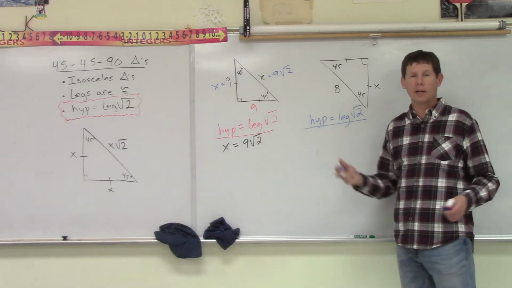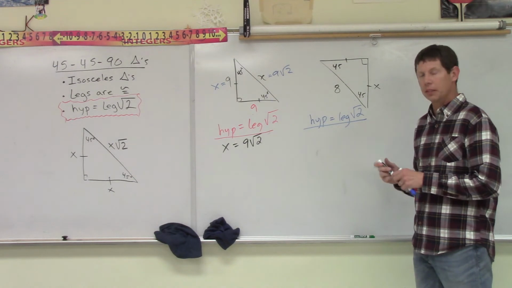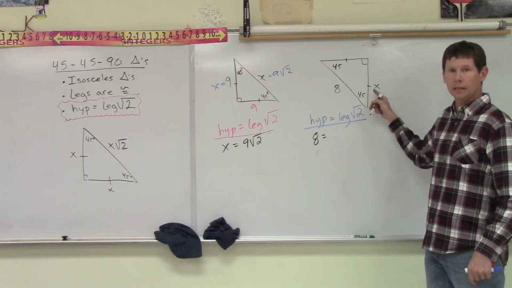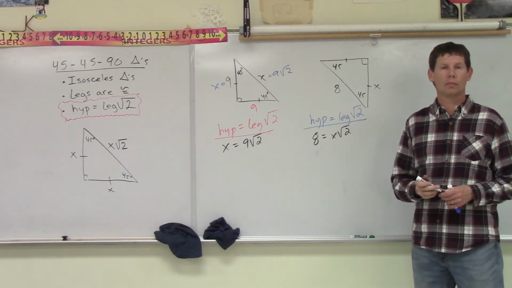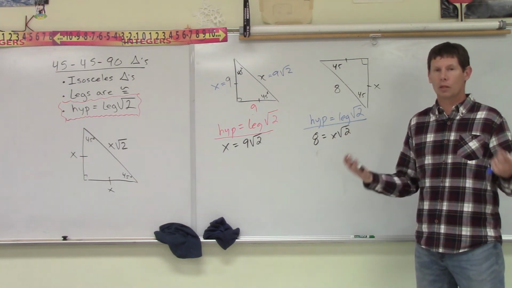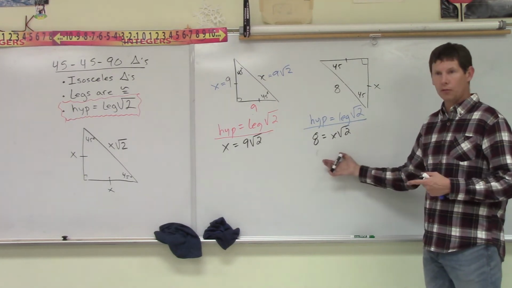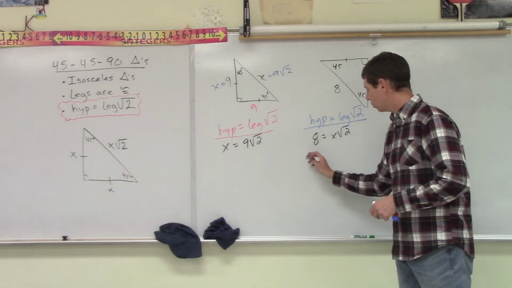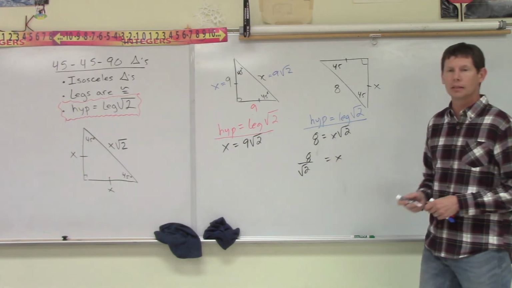So let's identify and fill. Our hypotenuse is 8. Our leg is unknown, times the square root of 2. So we can write our equation, and now we have to solve for it. x is multiplied by the square root of 2, so if I divide both sides by the square root of 2, I end up with 8 over the square root of 2 equals x.